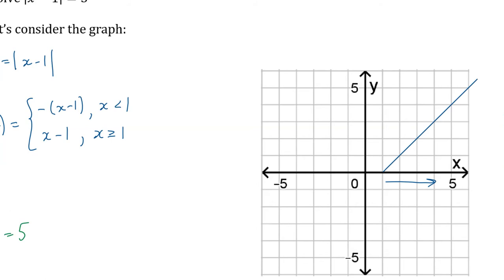Is that right? Do you see what I'm doing there? When x is greater than or equal to 1, I'm using that function that I just drew. When x is less than 1, I'm using that one, which is negative x plus 1. So that has a y-intercept of 1 and a slope of negative 1. Is that correct?